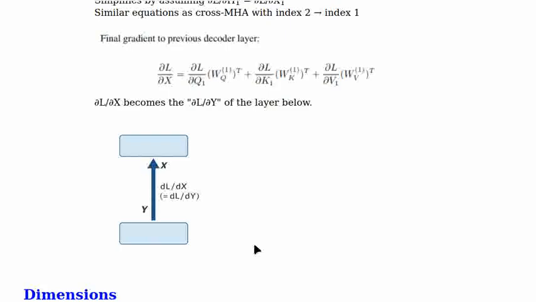This is because in our notation, x is the input and y is output. So the output of the lower layer becomes the input of the upper layer or upper block. And in backpropagation, we go in the reverse direction. So this dl dx becomes the dl dy of the block below.